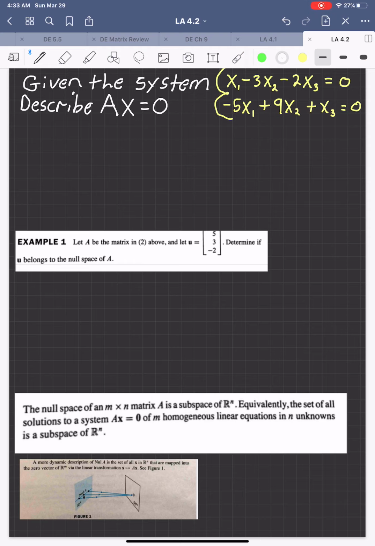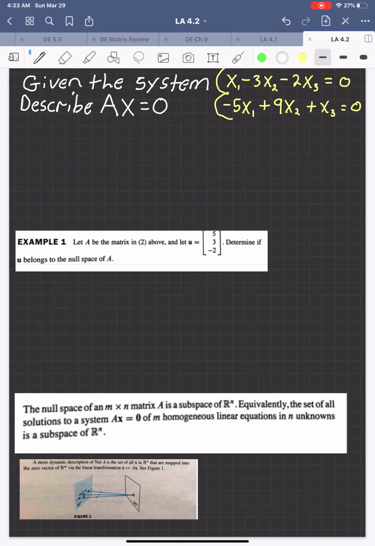So let's start with the following system, and we're going to use that system to describe AX equals 0 and what we mean by a null space. Notice that looking at our system, all the variables are on the left side, and we do have 0 on the right side, so it's in this homogeneous form.